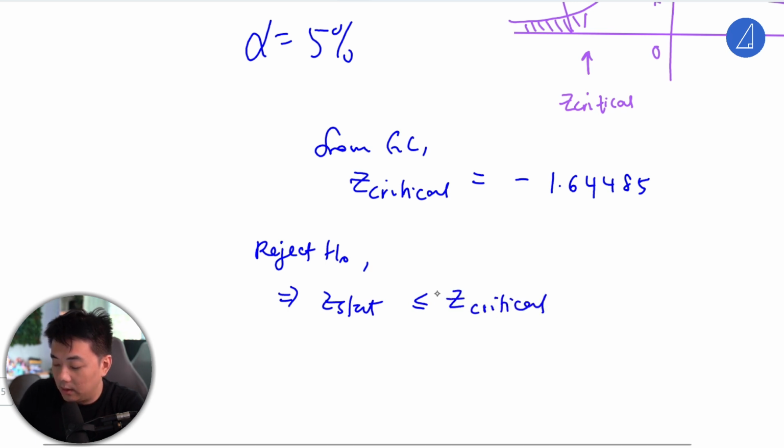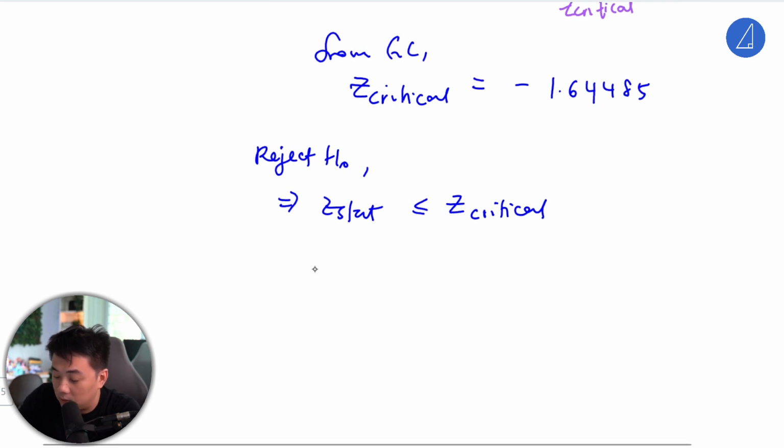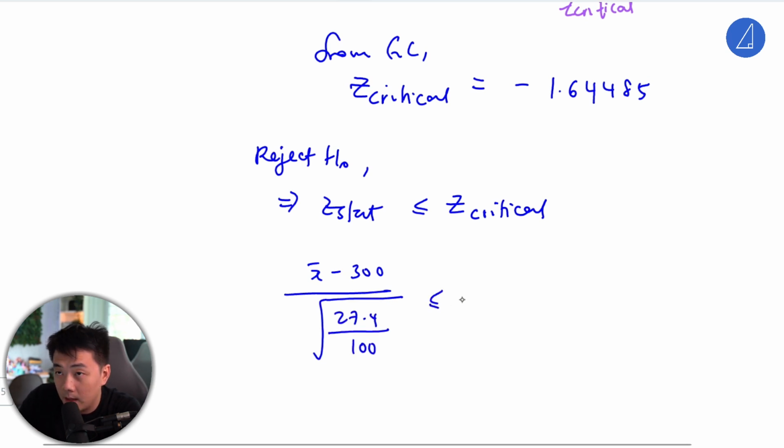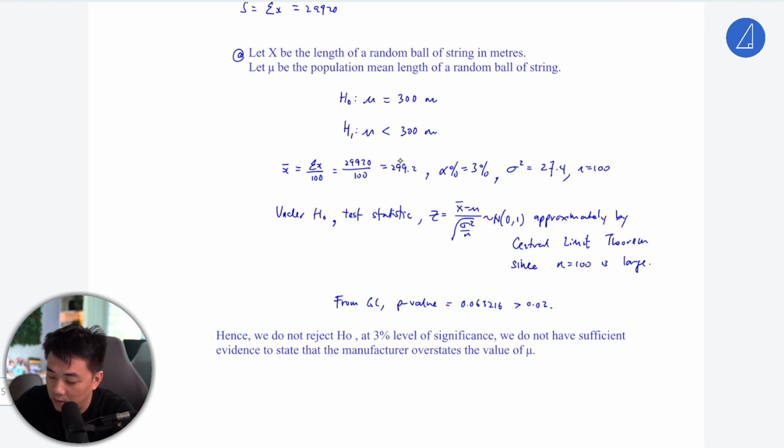I don't think it's strict, the equal sign, it doesn't matter. It really depends on your school whether they put equal signs or not, but just put the equal sign if you want to. Yeah, so in this case we know that by standardization the z stats will be this over here, 1.64485. So basically I just standardize using the same data point.